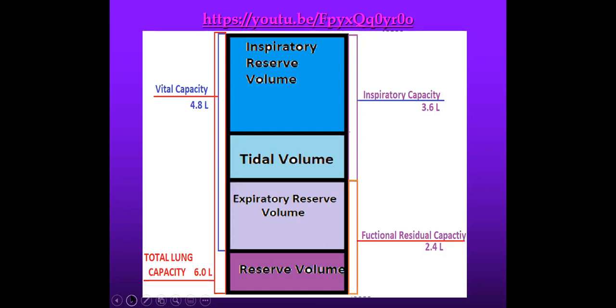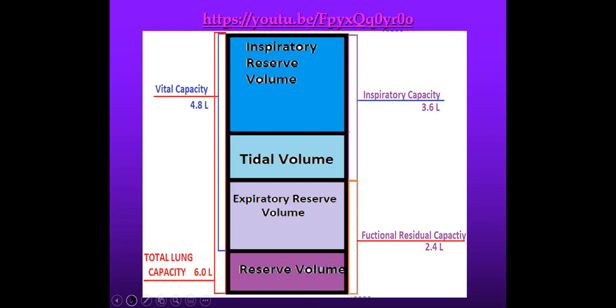Functional residual capacity, FRC, is 2.4 liters. And it makes sense because ERV is 1.2 and RV is 1.2. When you add them together, it's 2.4. Right? Remember what we said in the volumes, ERV is 1.2 liters, RV is 1.2 liters.